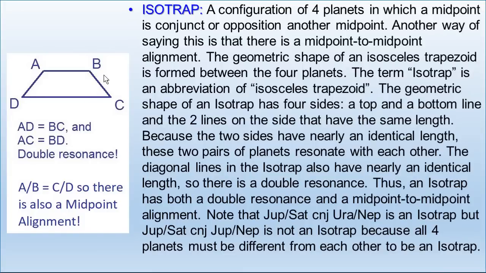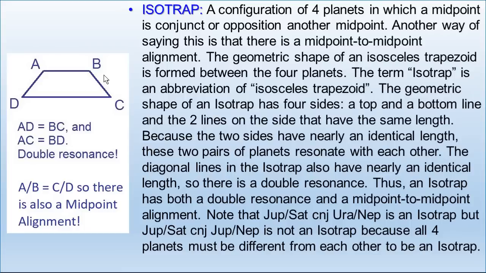So there's many ways to describe what an isotrap is. We call it isotrap, which is short for isosceles trapezoid. You can describe it as two pairs of planets that have nearly identical angular distances between them.